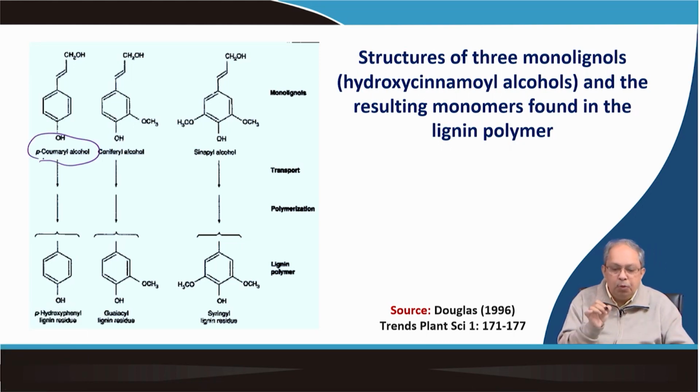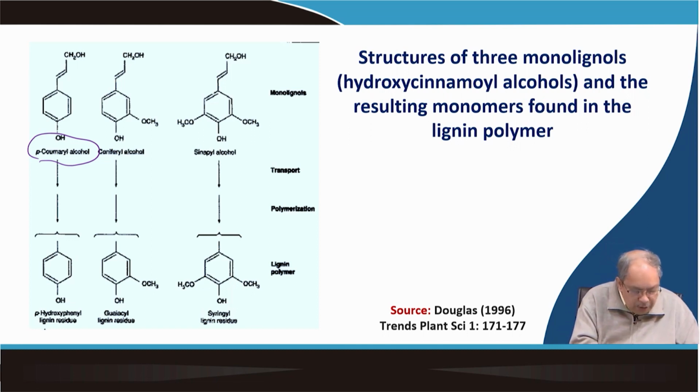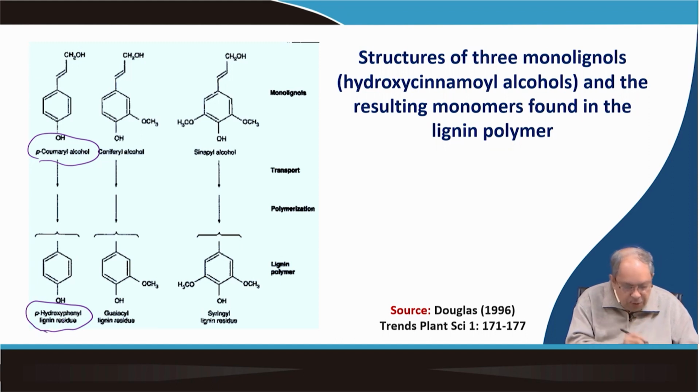This is one of the monolignols, and the lignins which are dominated by paracoumaryl alcohol are called para-hydroxyphenyl lignin, or in brief H lignin.